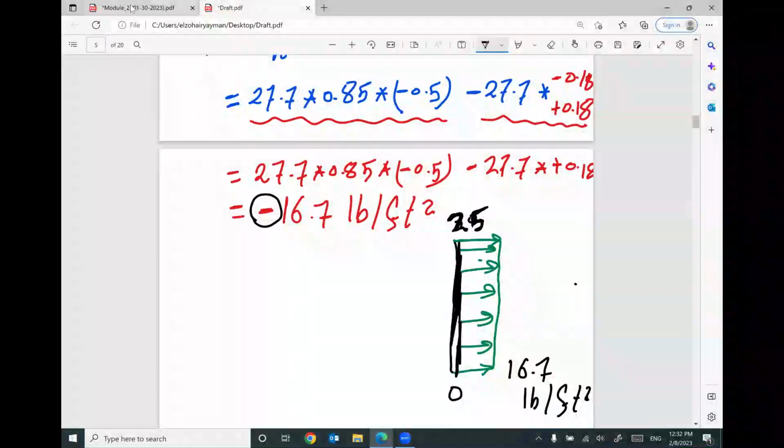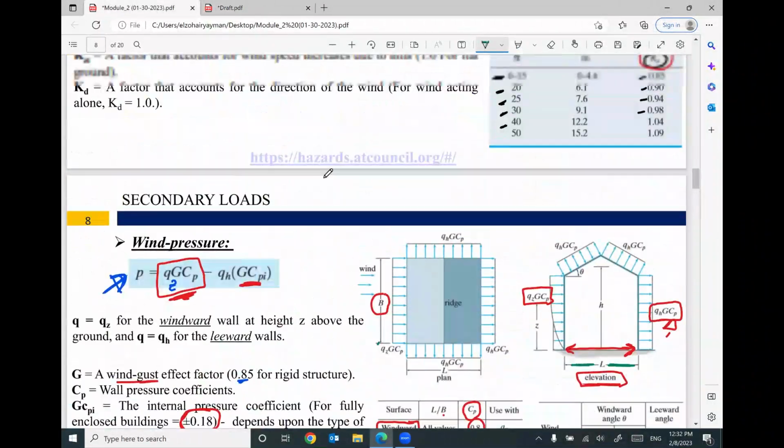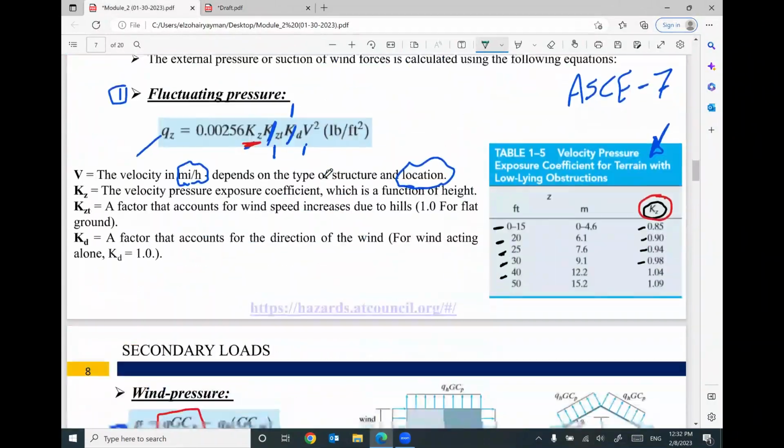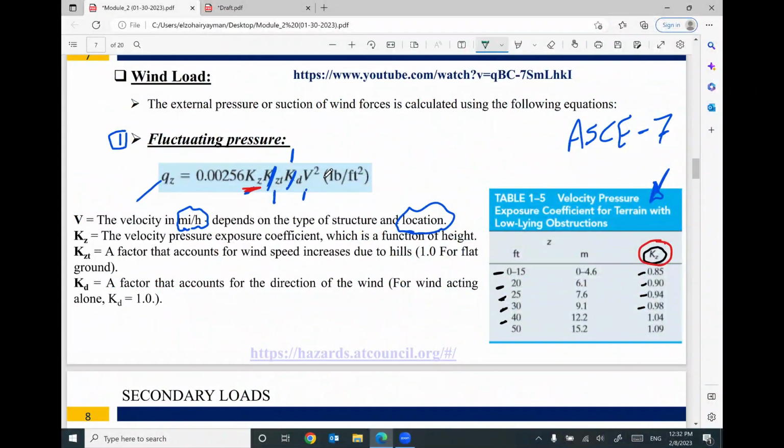That makes sense? And this is what I told you before. If you have wind, we have pressure here, suction here, and suction here, and suction here. Keep this in your mind. The wind effect on any building: from the direction of the wind, we have pressure.